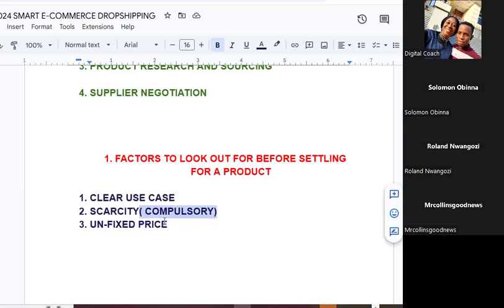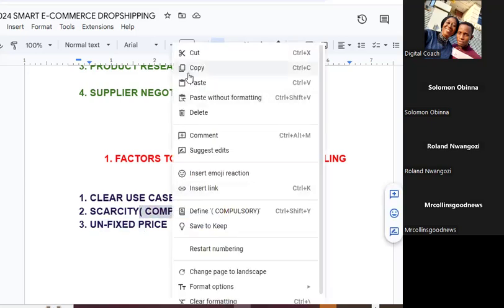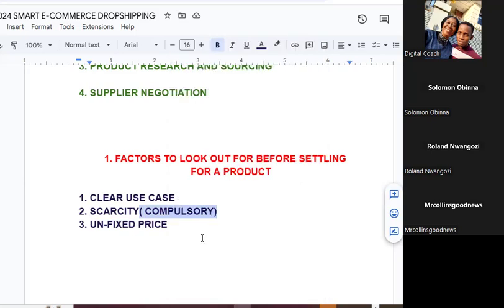For instance, if you are selling a biro, a pen, there is a price you can't sell it above, either online or offline, because everybody knows the price of a biro. It's 100 naira. It was 15 naira before. It was even 30 naira before. But now it's about 100, 150 naira.